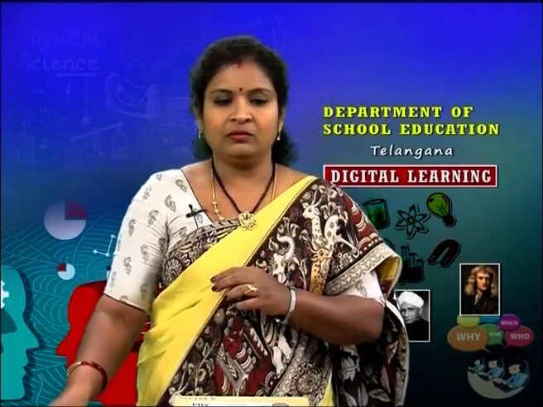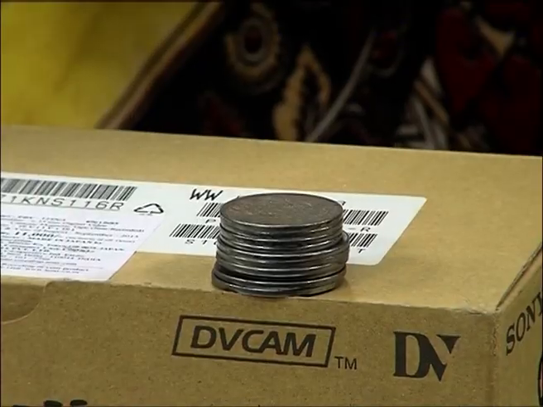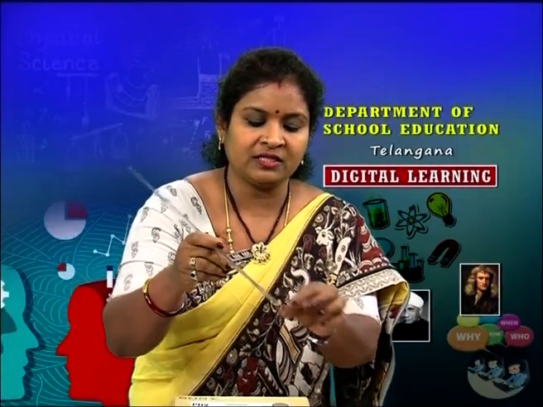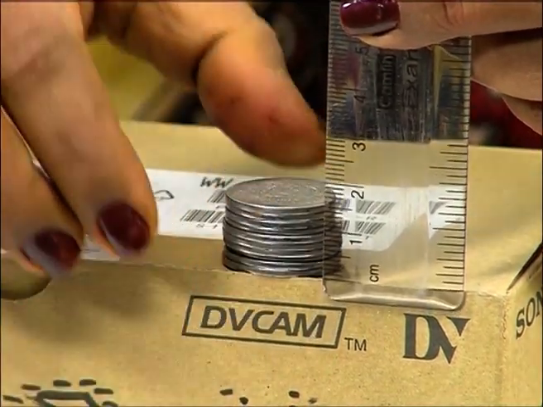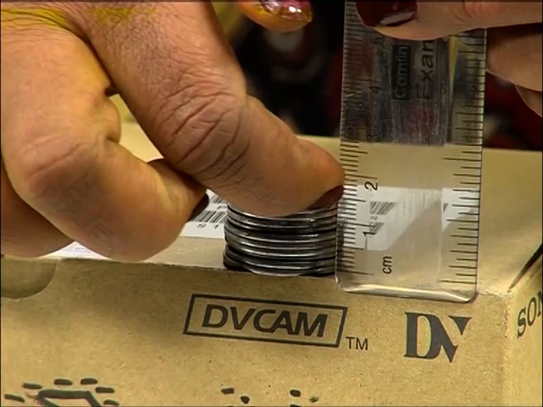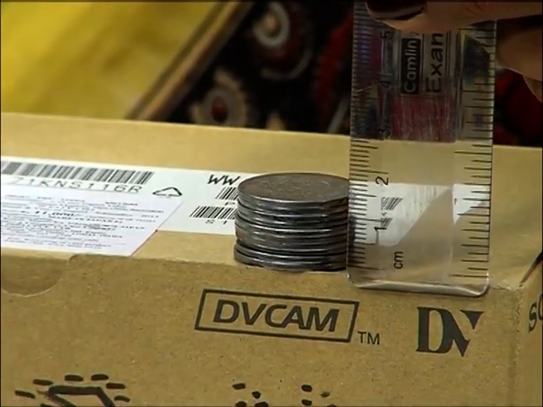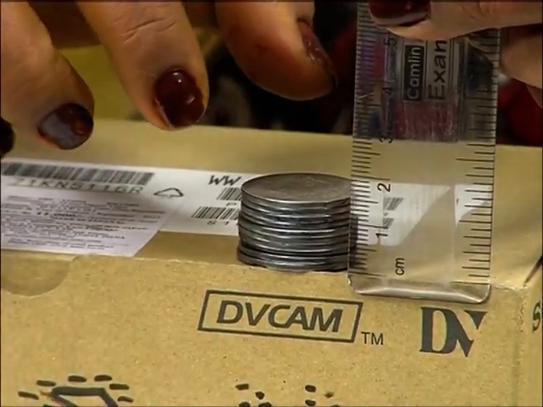So I will keep it here at the tip, and now take a scale and put the 0 reading of the scale at the first coin, and now see the height of the coins. If you look at the height of the coins, it is 1.5 centimeters.